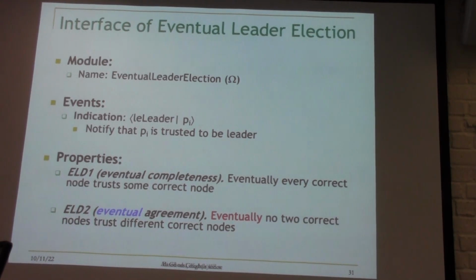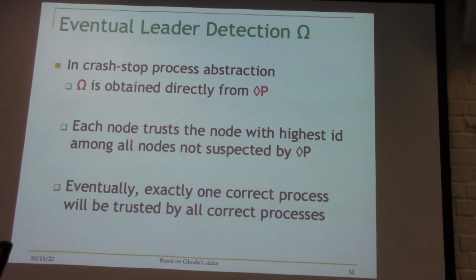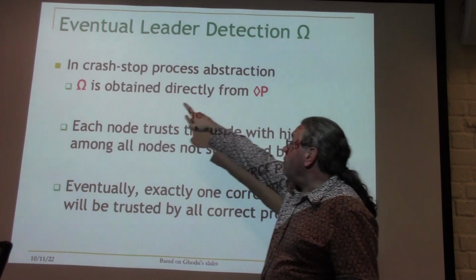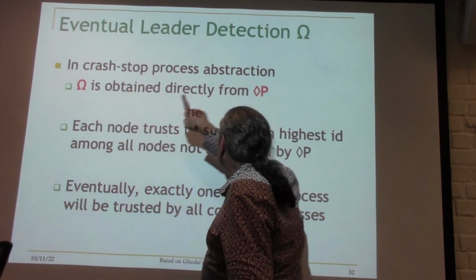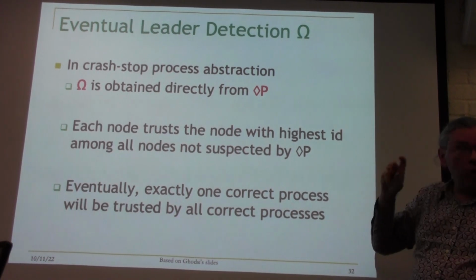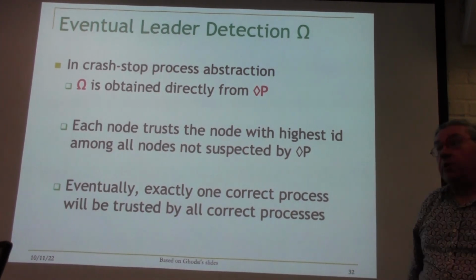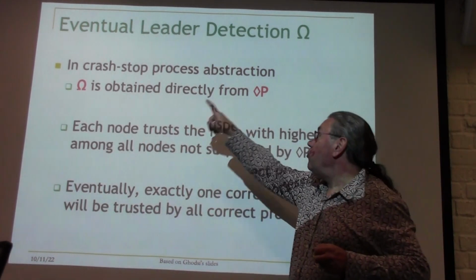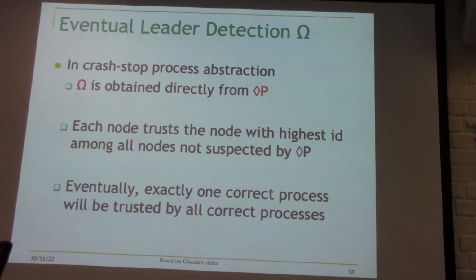Okay? And we're going to write the code of omega depending directly on eventually P. The same way that LE is written based on P, omega will be written based on eventually P. Okay? And it's actually very simple code again.